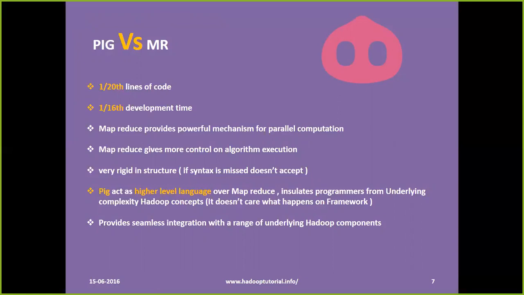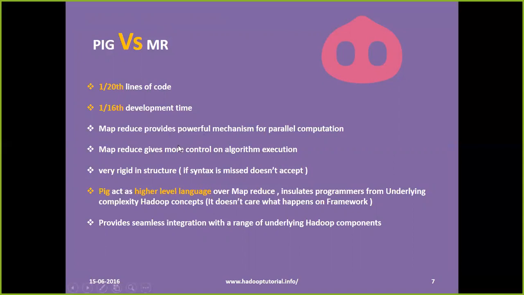The 100 lines of code, very easily you can do in 5 to 10 lines of code in Pig. And obviously your development time will get reduced. And this is a higher level language over MapReduce, as you know. But in the backend, it submits the MapReduce jobs only.